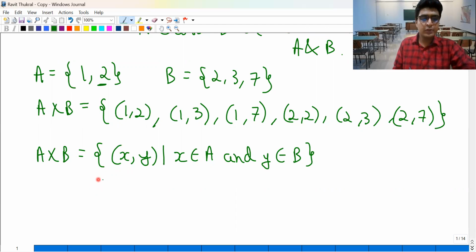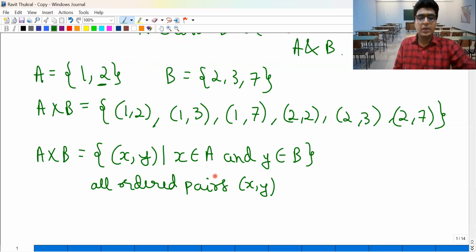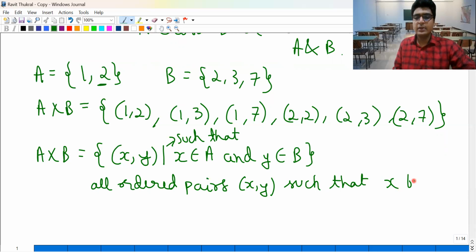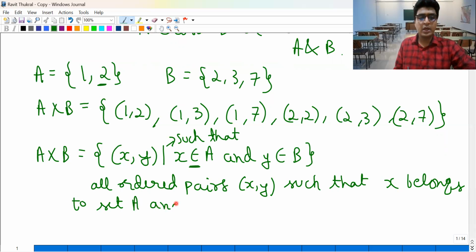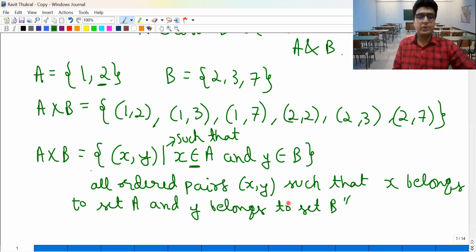These are all ordered pairs (x, y) such that x belongs to A, this symbol is for belongs to, and y belongs to set B. That's the way you read it. All right.